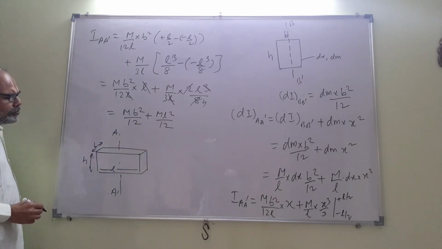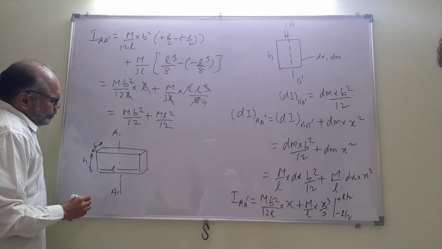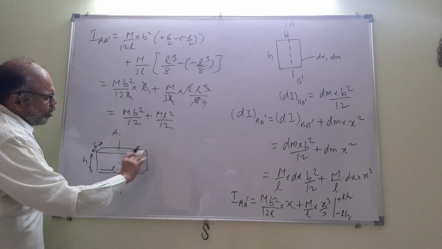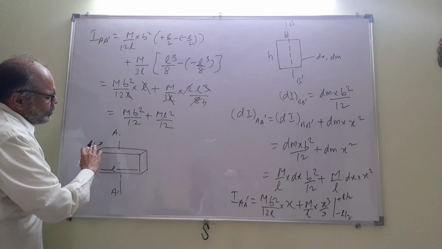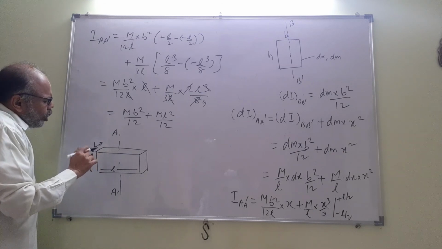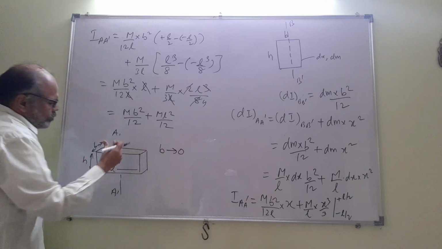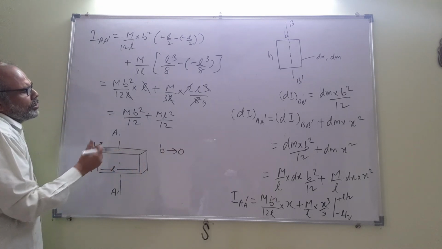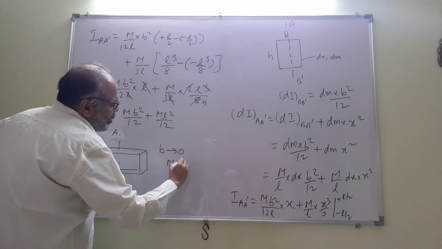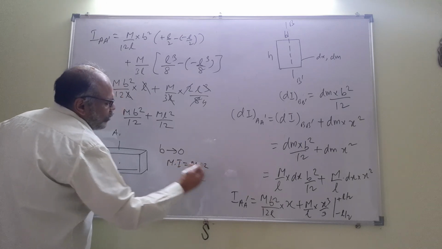Now, this cuboid can be treated as a rod, and let us say it is a thin rod. We can say B tends to 0, so that it becomes a thin rod. If B tends to 0, the moment of inertia would be mL squared by 12.